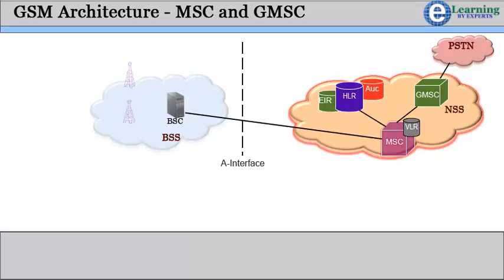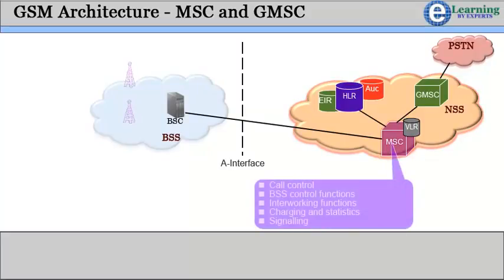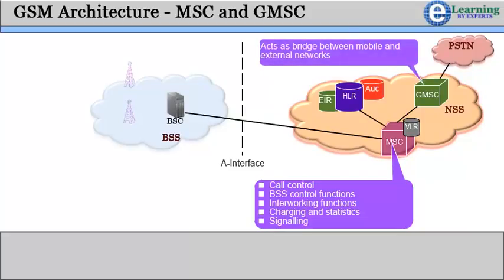MSC is responsible for call control, BSS control functions, interworking functions, charging, statistics and interface signaling towards BSS and interfacing with external networks. An MSC acting as a bridge between a mobile network and a fixed network is called a gateway MSC or GMSC.